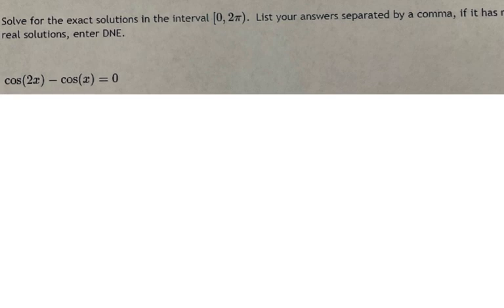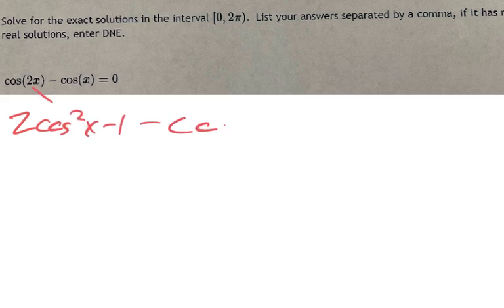And remind me, was it 2 cosine squared minus 1? Yeah. We're going to substitute that in. The reason we chose that was because now it looks like something I can factor slightly, right? It's giving me that quadratic vibe. Ax squared.